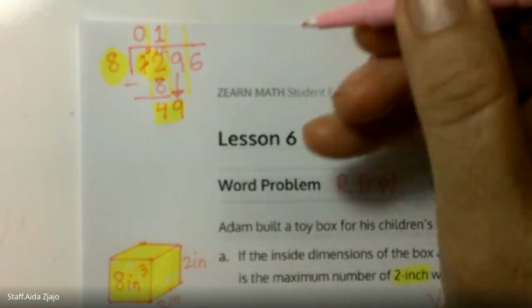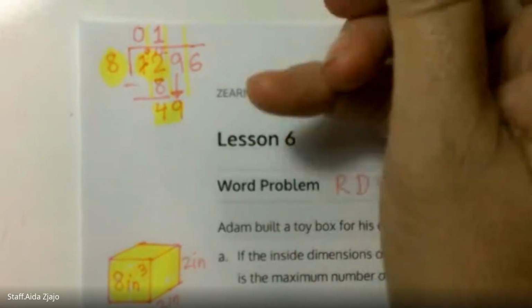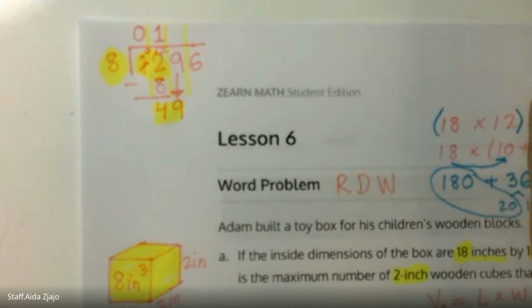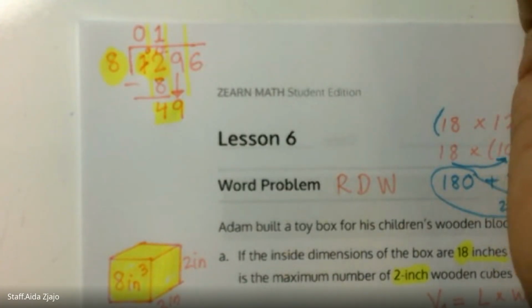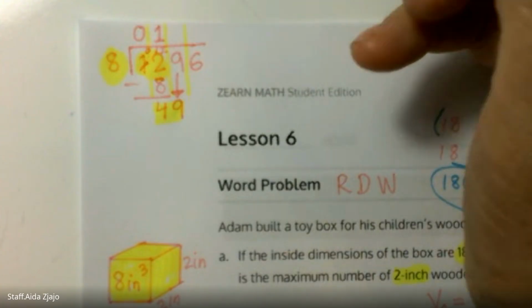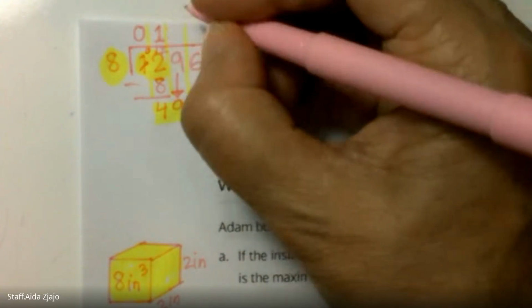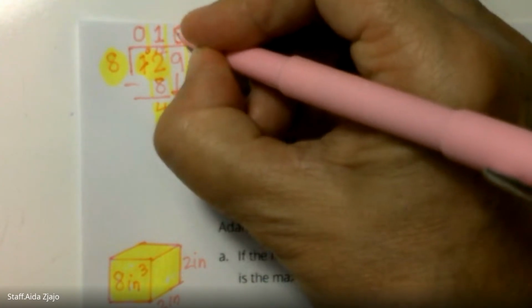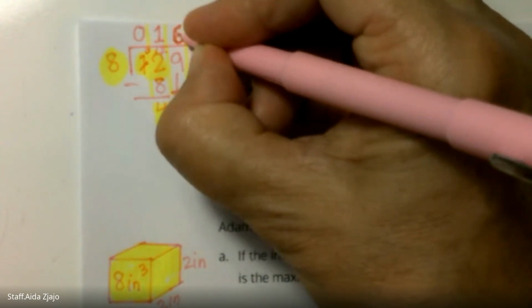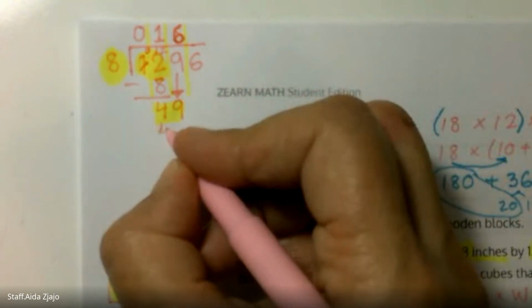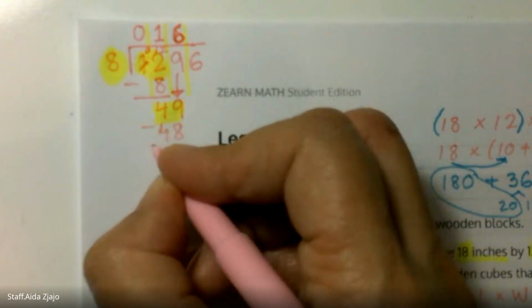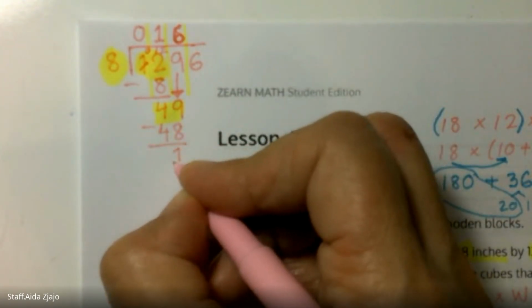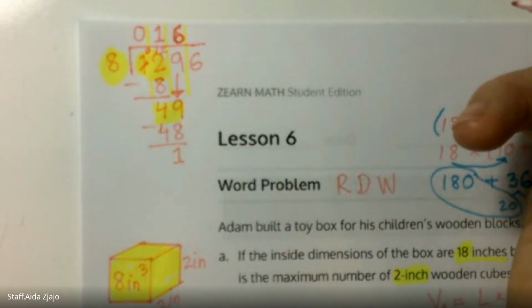So if you know multiplication, you will know, oh, 8 times 8 is 64, that's too big. 8 times 5 is too small. 8 times 6 would be the perfect, because 6 times 8 is 48. And that will work. We will have 1 ten left over.